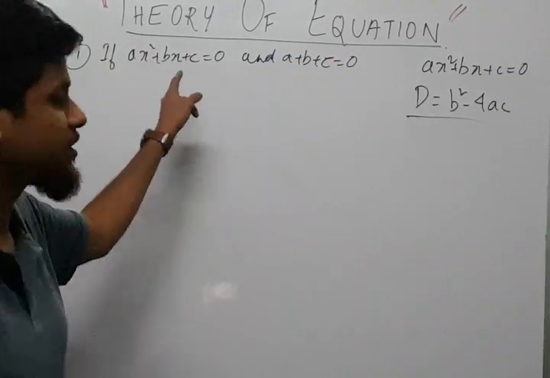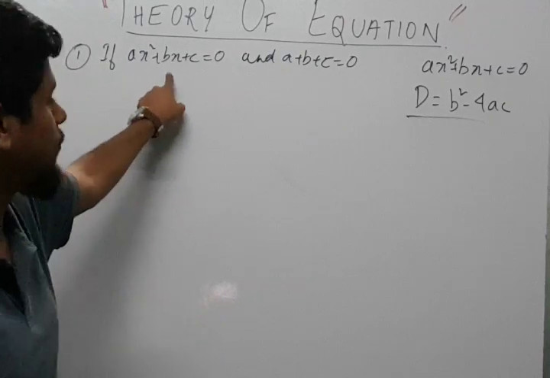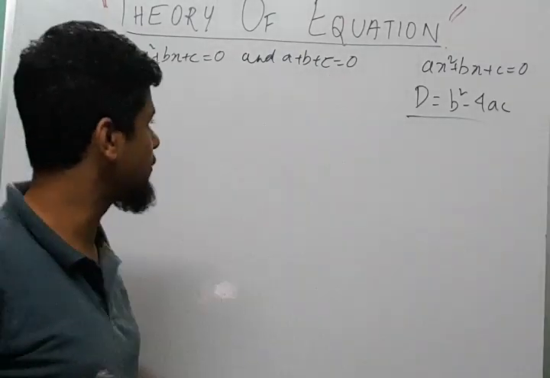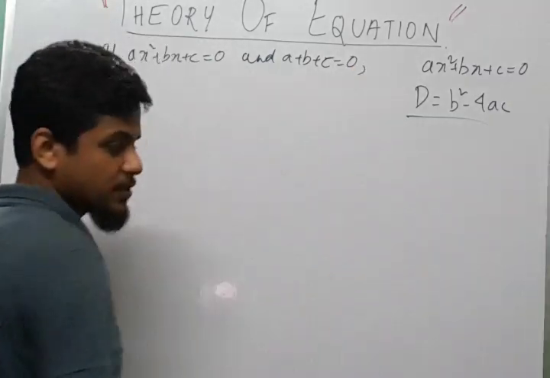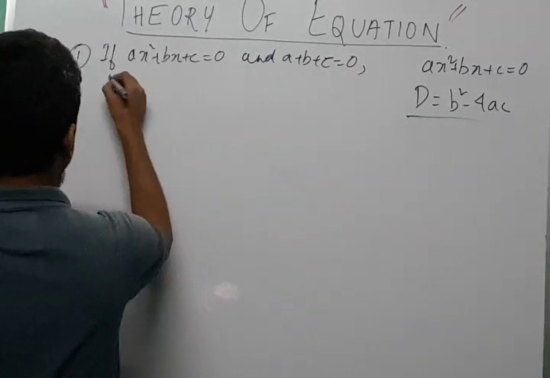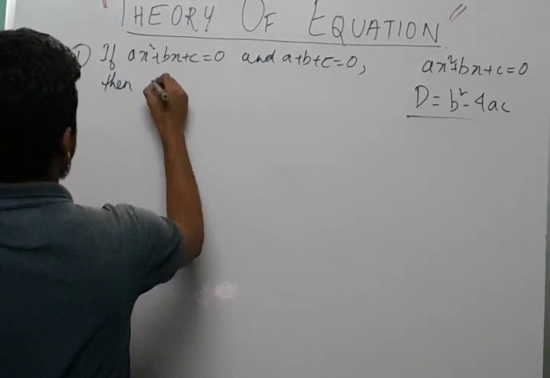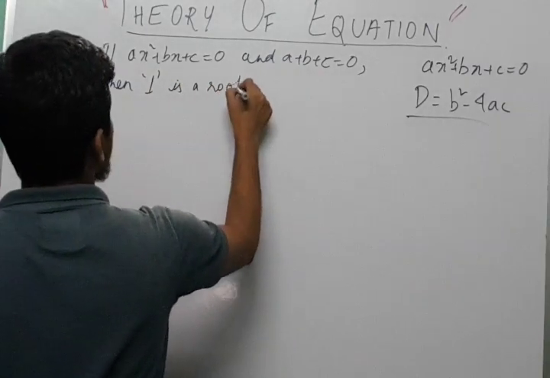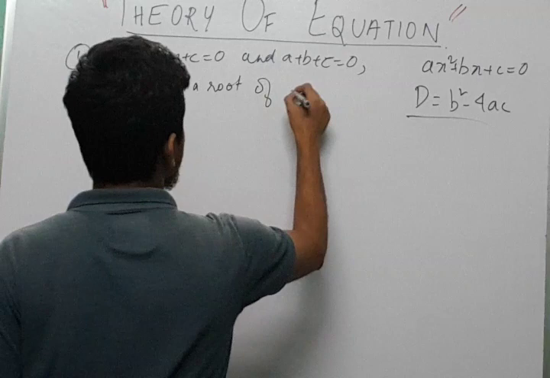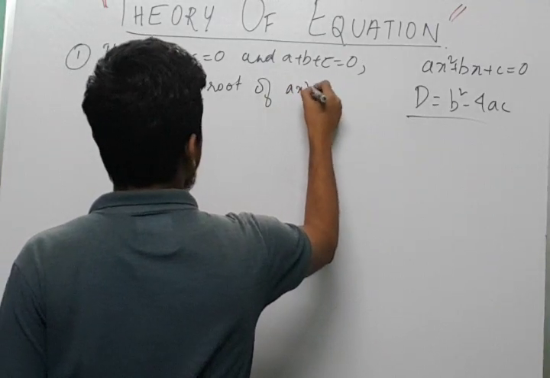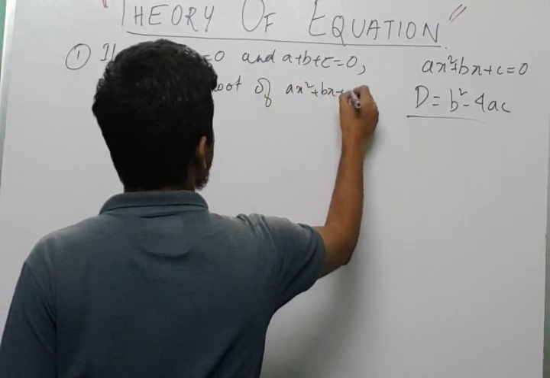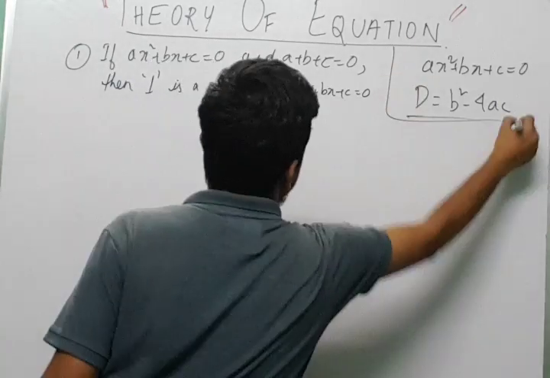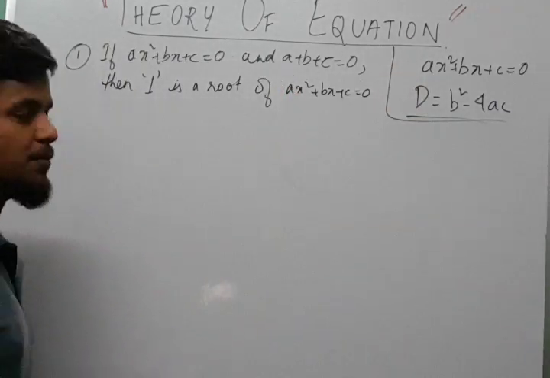That is, if the sum of the coefficient of x squared, the coefficient of x, and the constant term is equal to 0, then 1 is a root of ax squared plus bx plus c equal to 0. So this is one condition that we should remember.